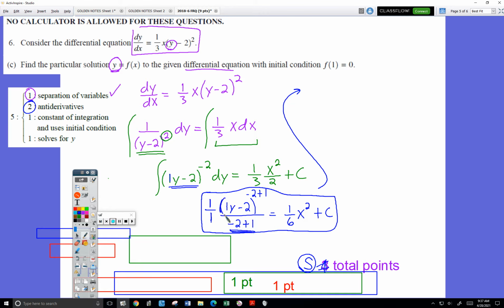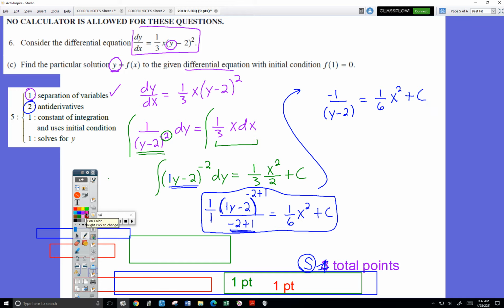This would be y minus 2 to the negative 1, which means that's 1 over y minus 2, all to the positive 1, and I've got to have a negative. And that must equal 1/6 x squared plus a constant.